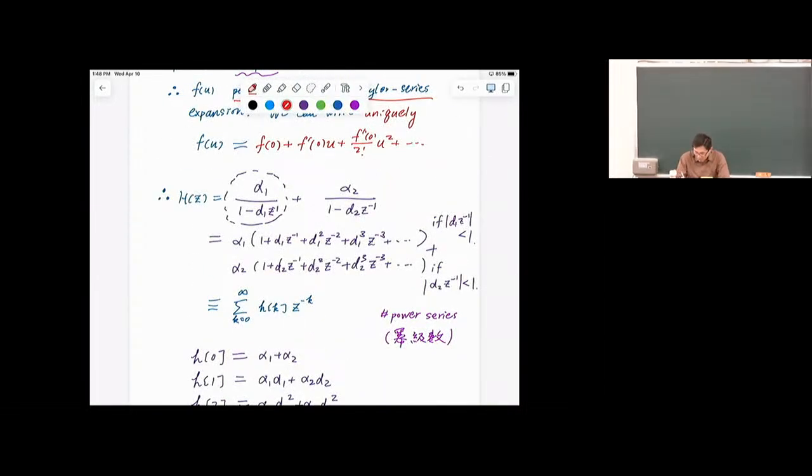When I write h of z one way, it's a power series expansion. And then we also know that by construction, h of z has this power series expansion by definition. They are two things that look different, but they actually are the same, because the expansion should be unique.